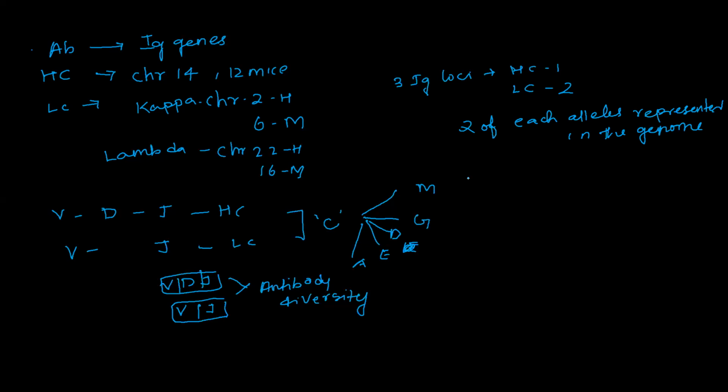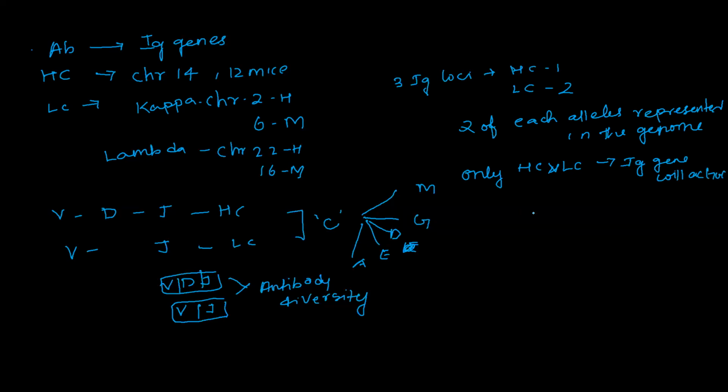So only one HC or LC allele will be expressed, that is, the Ig gene will be activated. The rest will be silenced.